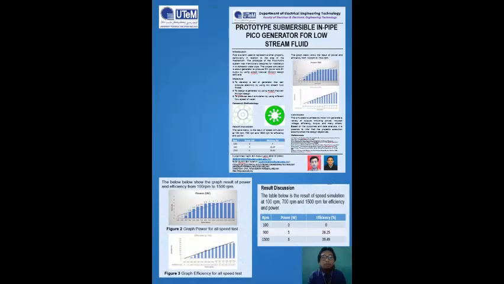From the output power graph, you can see the output remains constant after 900 rpm. This is because the motor has achieved maximum output. Then for the efficiency, 1500 rpm is the highest, but the output power will remain constant after 900 rpm.